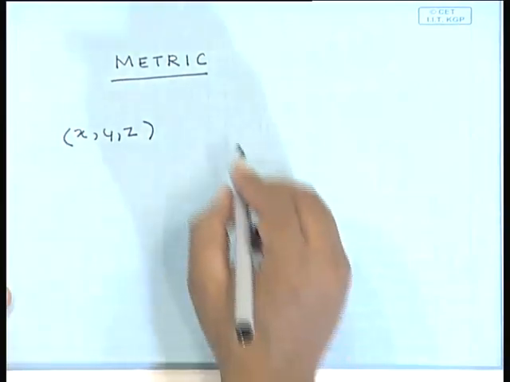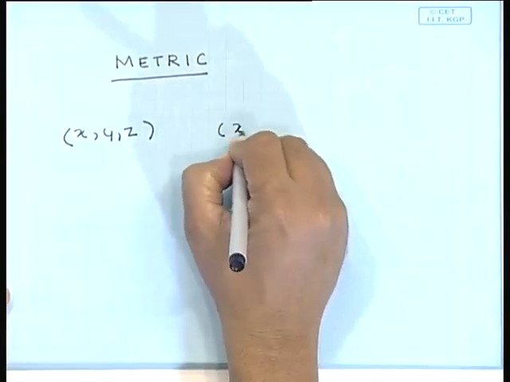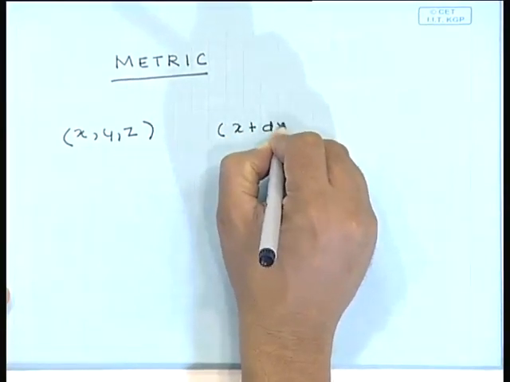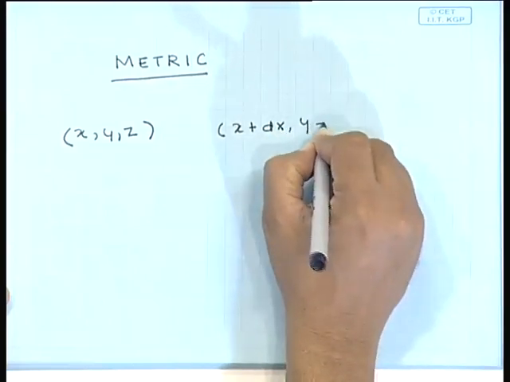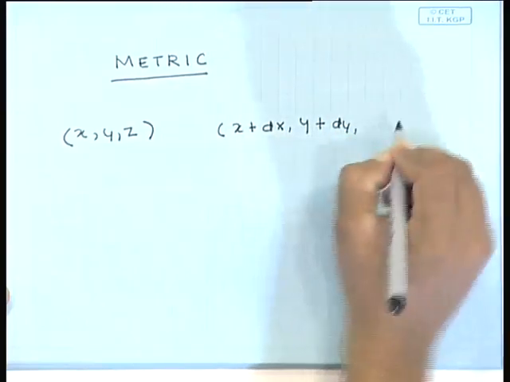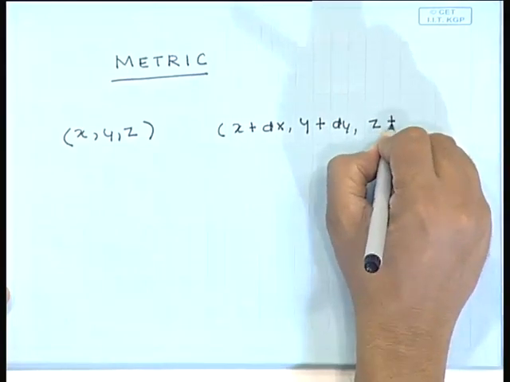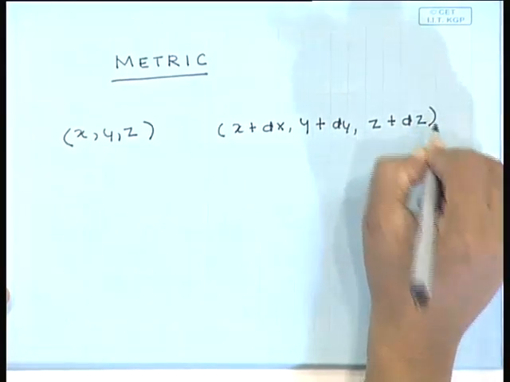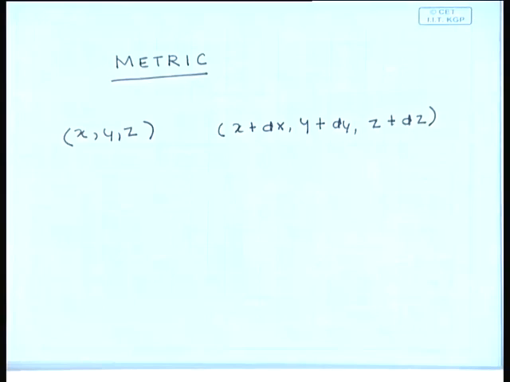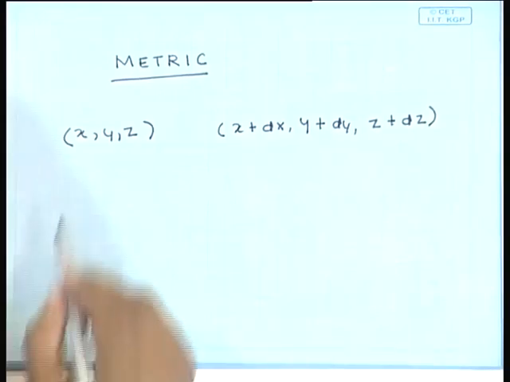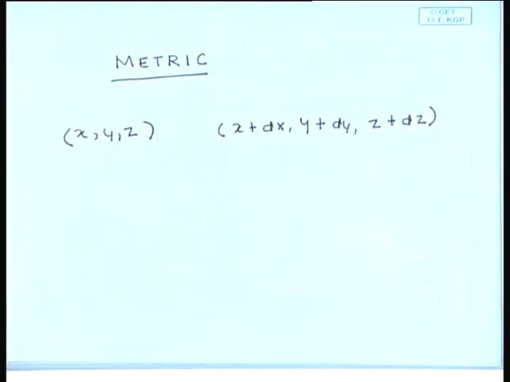And the other point has coordinates x plus dx, y plus dy, z plus dz. And the question that we ask is, what is the distance between these 2 points?